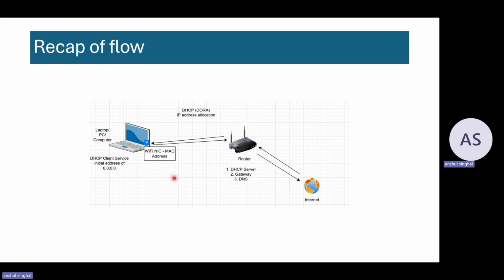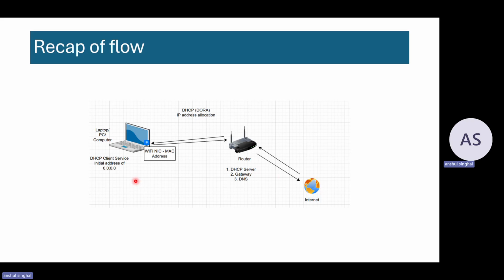And then we have a router. A router is basically connected to the internet via internet lines. Whoever is the internet service provider will be setting up the router in our home so that we can connect to the internet using our laptop or any other device.